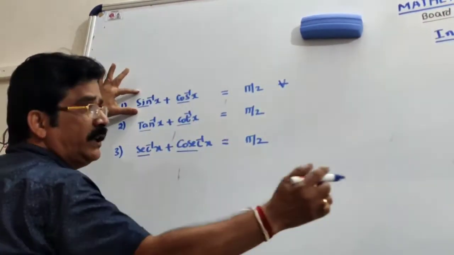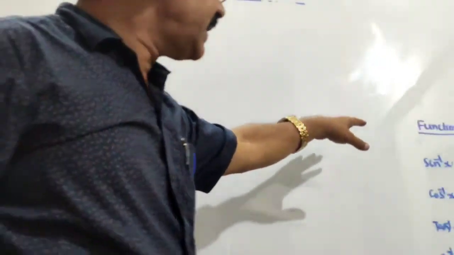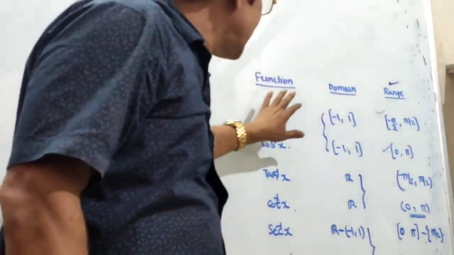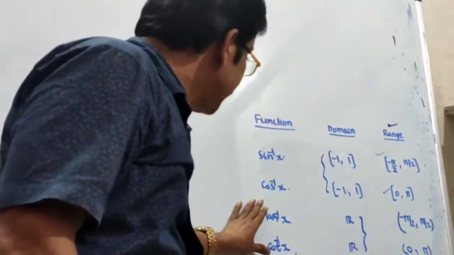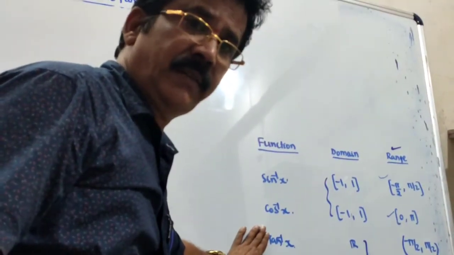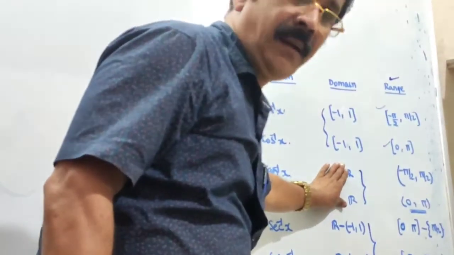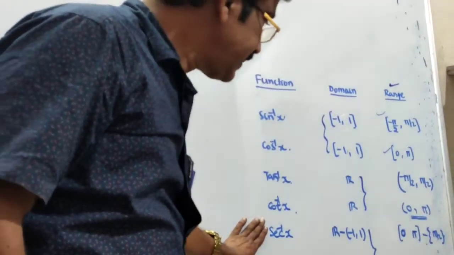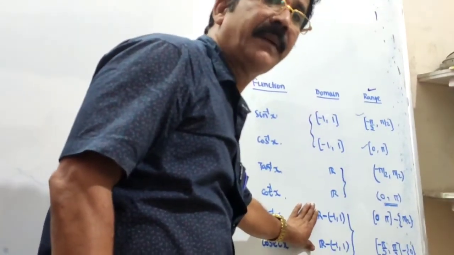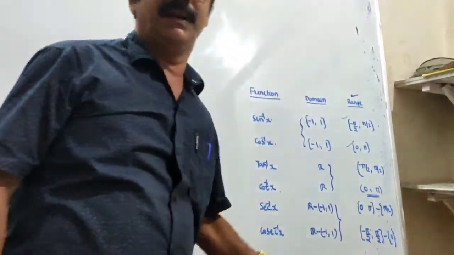Sin inverse x, cos inverse x, domain same, closed interval of -1, 1. Next tan inverse x, cot inverse x, domain same, capital R. Next secant inverse x and cosecant inverse x, the domain is same, capital R minus open interval of -1, 1.